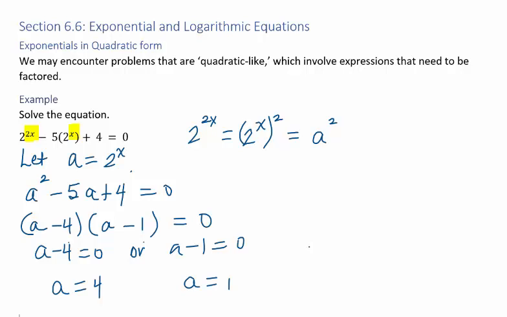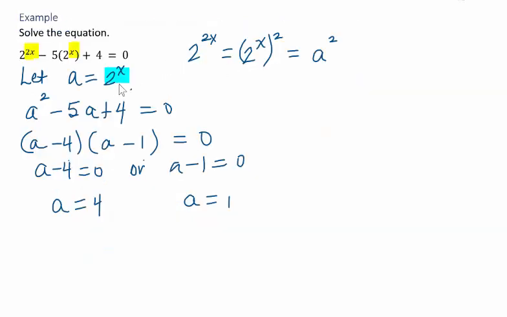But notice when we're solving the original equation, we're solving for x, not a. So now we're going to resubstitute. We replace a with 2 to the x, and we find two equations: 2 to the x equals 4 is the first one, and 2 to the x equals 1 is the second.